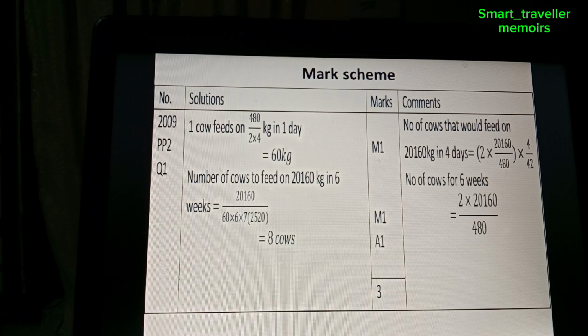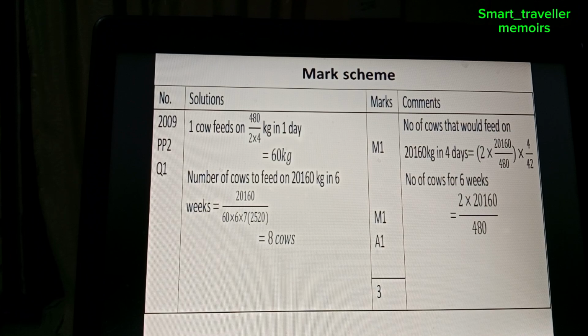So the solution is 1 cow feeds on 480 over 2 times 4, which is 60 kg in 1 day.